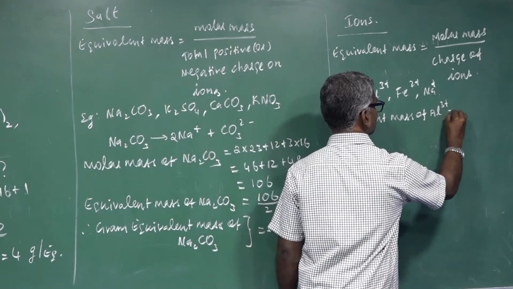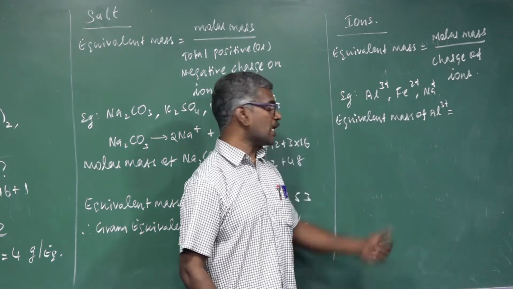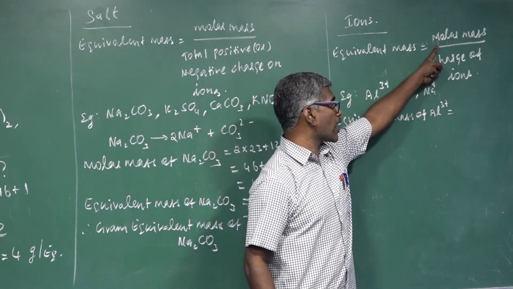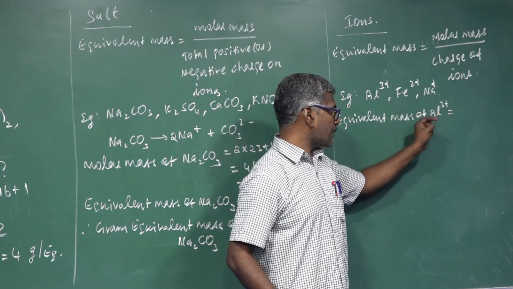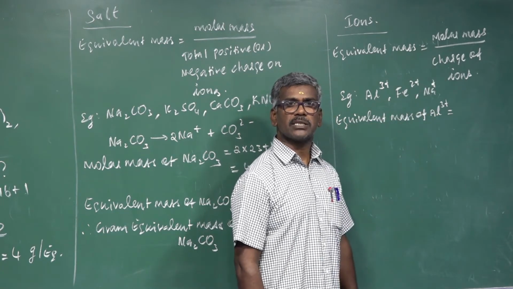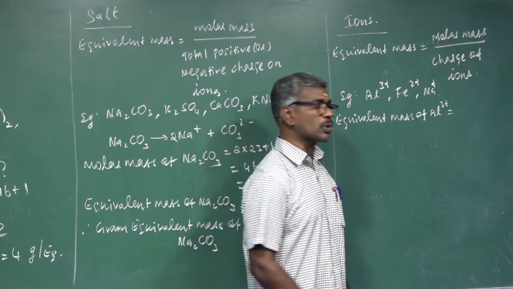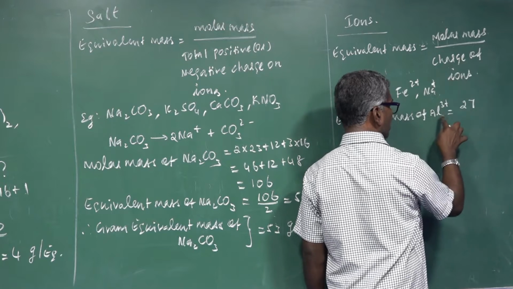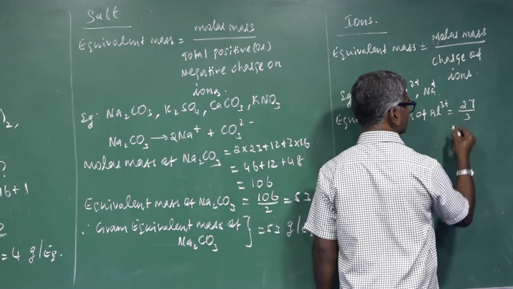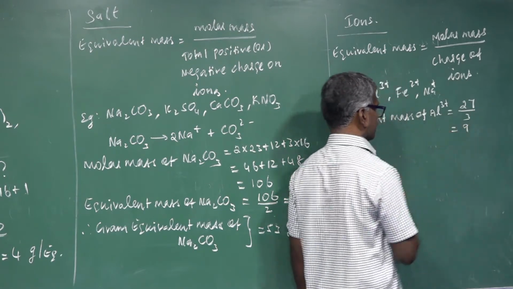Al3+. What is the formula for equivalent mass of ion? Molar mass divided by charge on the ion. Aluminium atomic mass 13, molar mass 27. Next, charge on the ion. What is the charge on the ion? 3. What is the answer? 9.